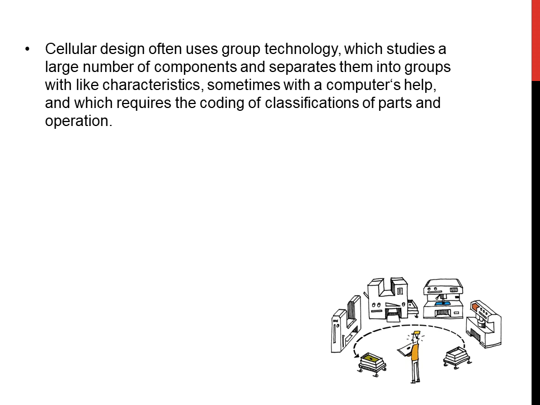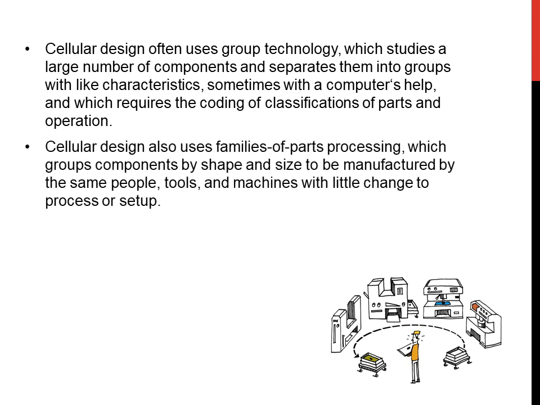Cellular design often uses group technology, which studies a large number of components and separates them into groups with like characteristics, sometimes with a computer's help, and which requires the coding of classifications of parts and operation.